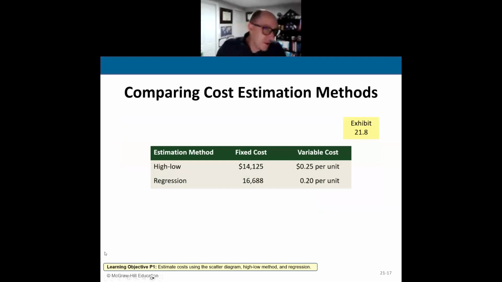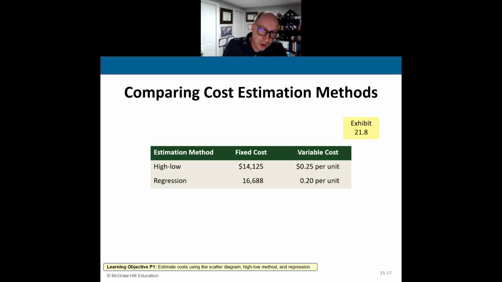So, if we were to compare the high-low method to regression analysis, we can see that there's going to be a difference because they're two different methods. We're calculating pretty much the same thing, but we're going to get two different outcomes. The high-low method is going to produce a fixed cost of $14,125.